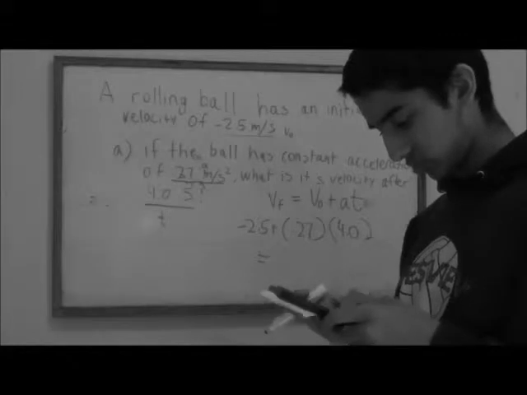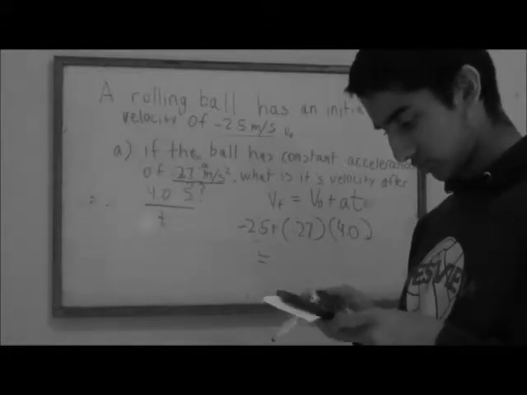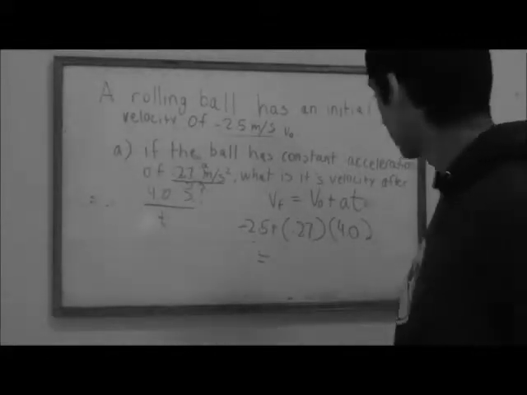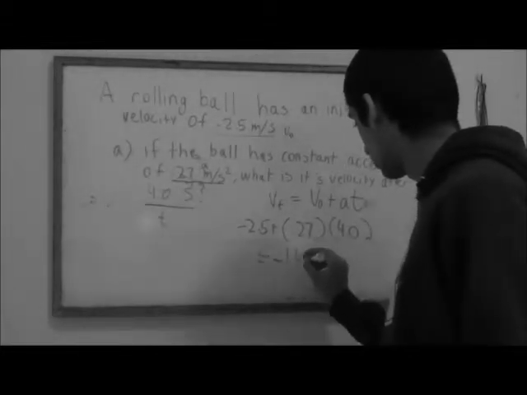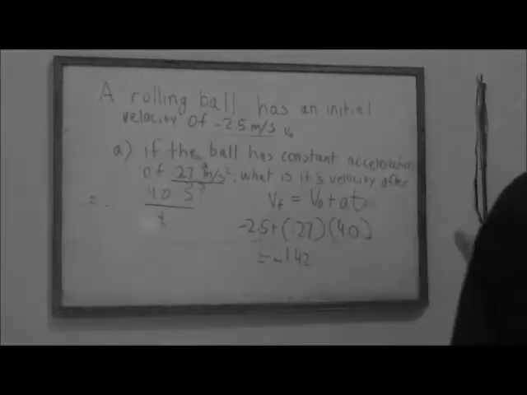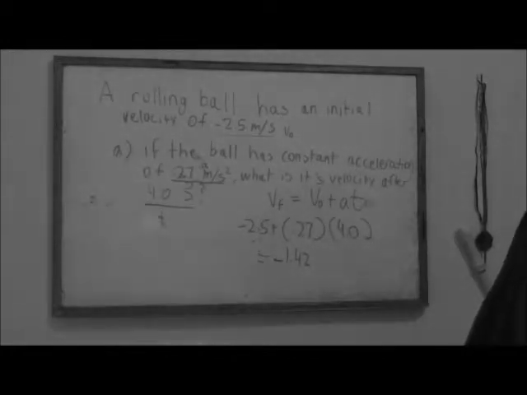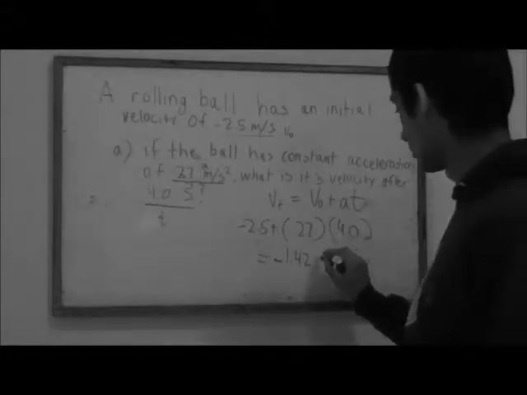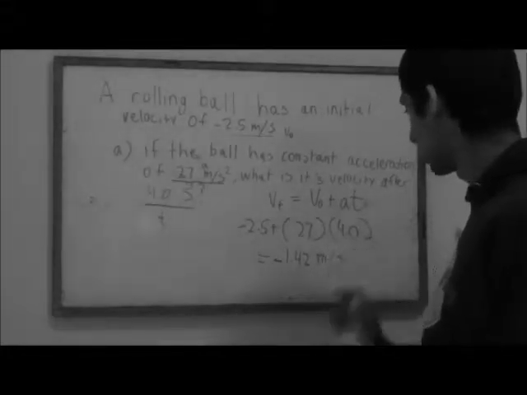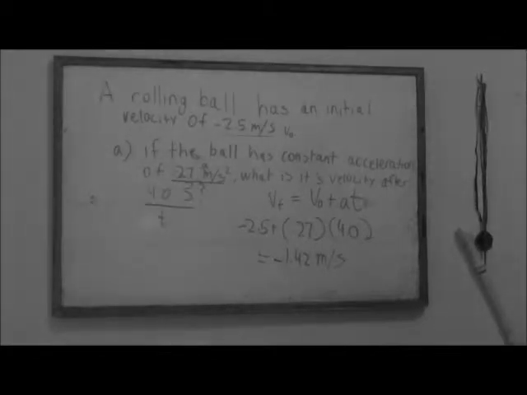Now, I gotta add that, so I gotta use my calculator for this. 2.5 times 2.7. So this answer should be negative 1.4 meters per second. Yes, meters per second. So, what is velocity?